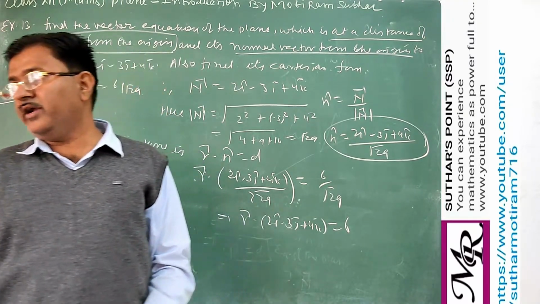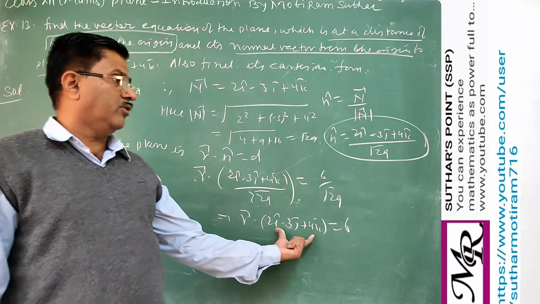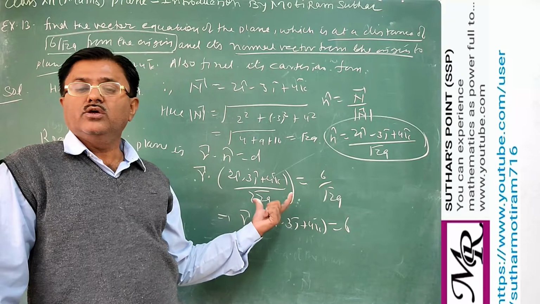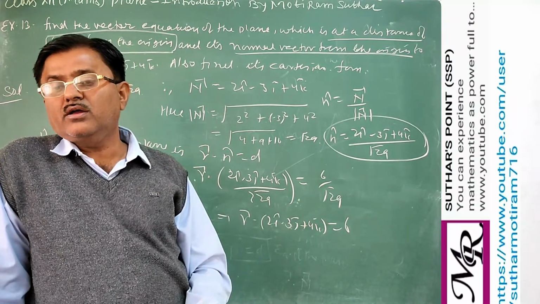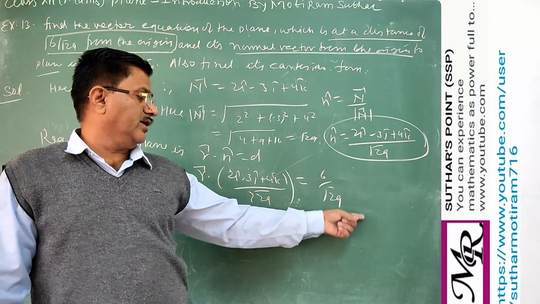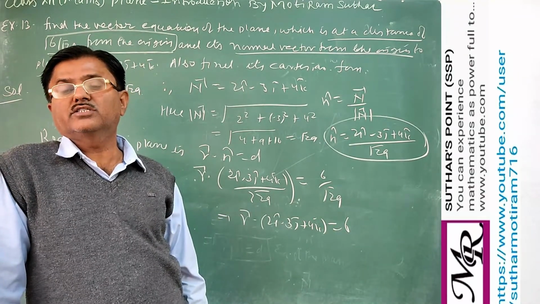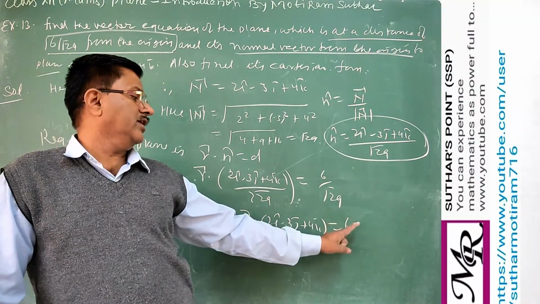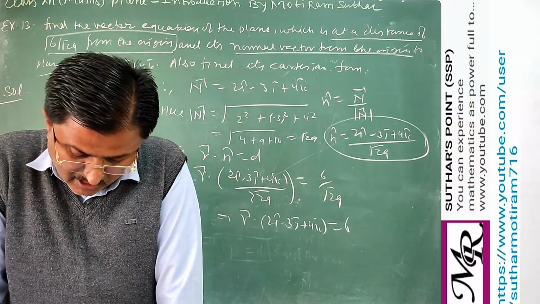So how can you identify whether the given vector is a unit vector or not? You find the modulus of it. If it is 1, then you can say it is a unit normal vector perpendicular to the given plane. And on the right hand side, the constant will be the distance from the origin. But when it is not a unit vector, then it will not be the perpendicular distance from the plane.